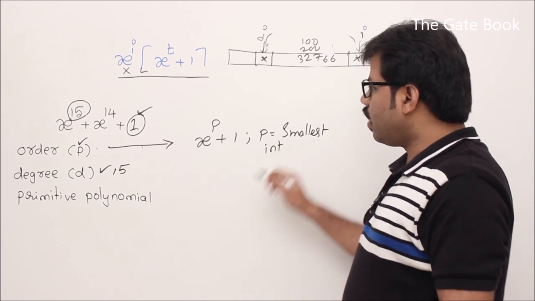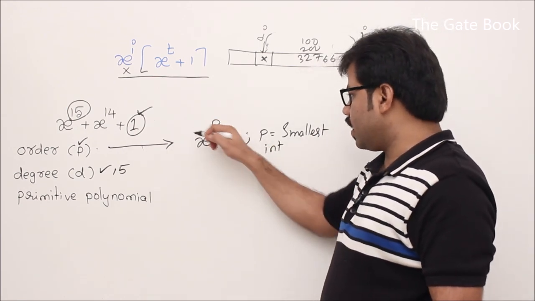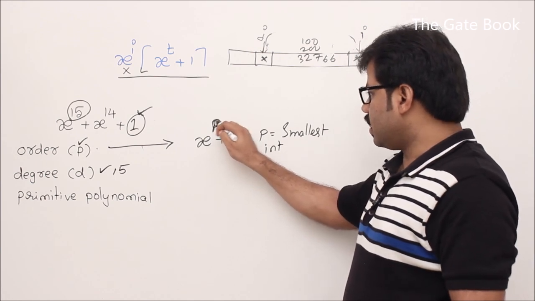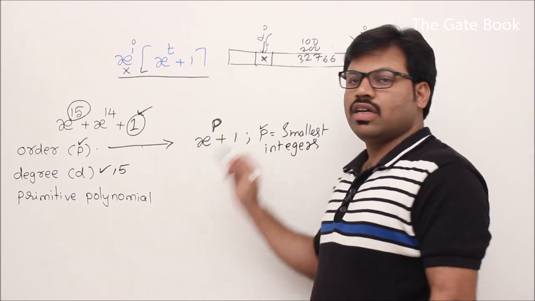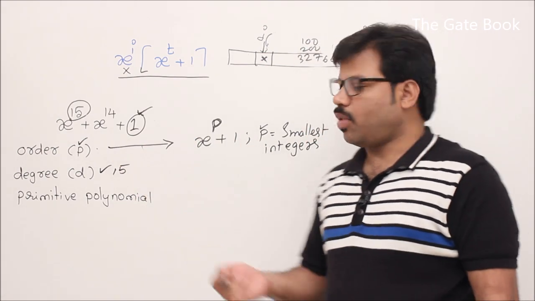Any polynomial divides x power something plus 1 in such a way that something is the smallest integer among all such x power p plus 1, then we say p is the order of that polynomial.